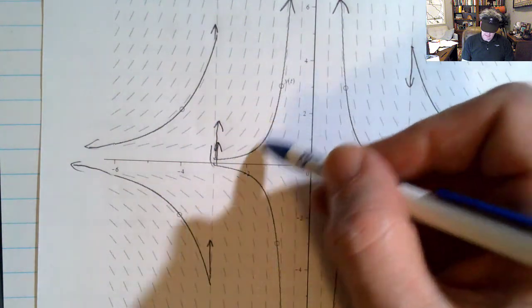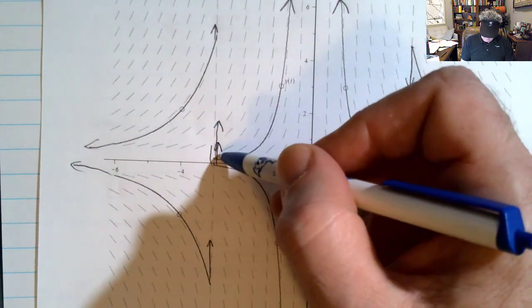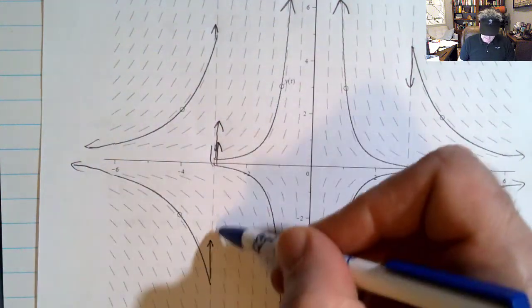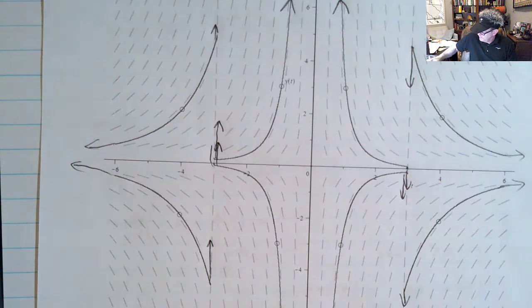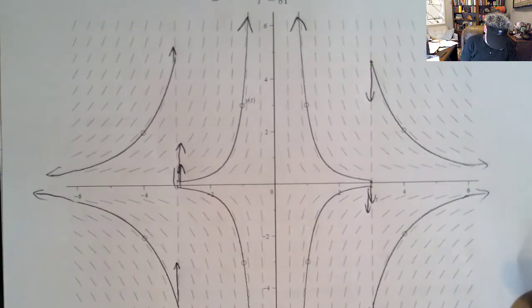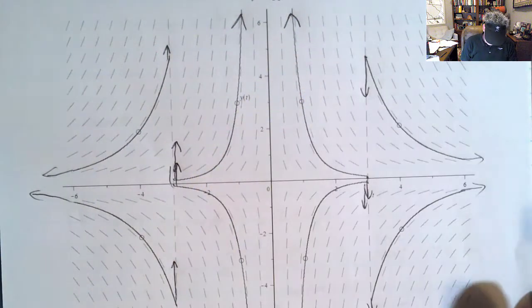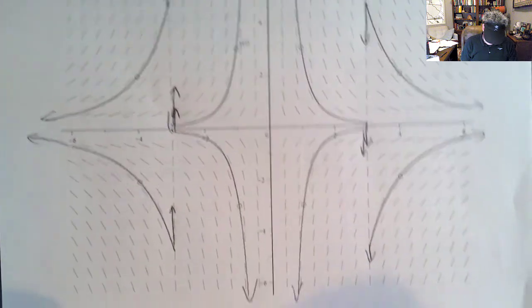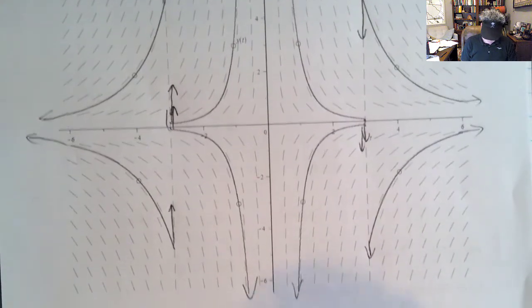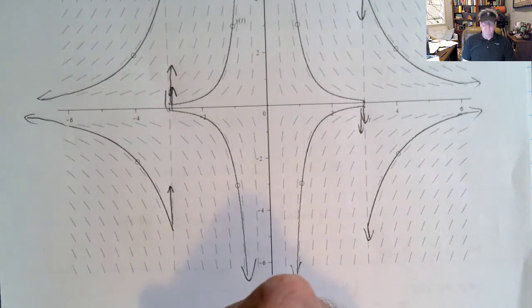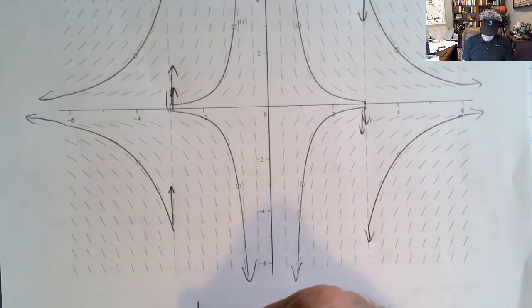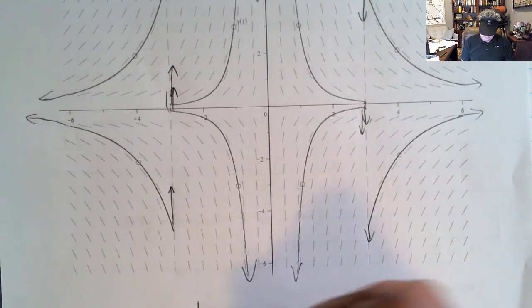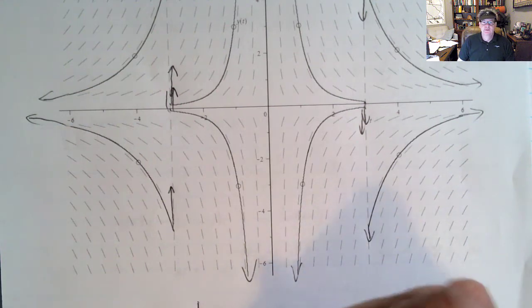I didn't look at what happens as t goes to 0. I'll just do that right here. If I look at the derivative as t goes to 0, say from the right, of the differential equation, I'll just put in what it equals.